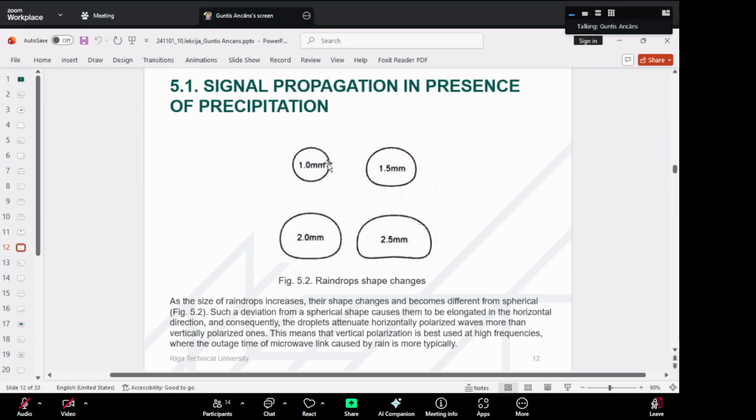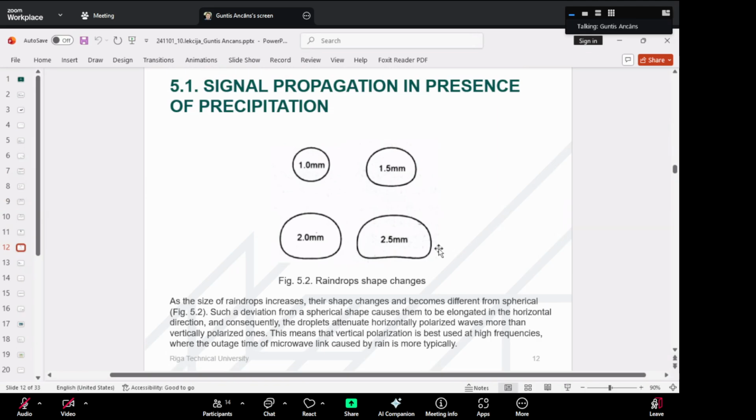Such deviation from a spherical shape causes them to be elongated in the horizontal direction. It's getting longer, let's say. And consequently, the droplets attenuate horizontally polarized waves more than vertically polarized ones.